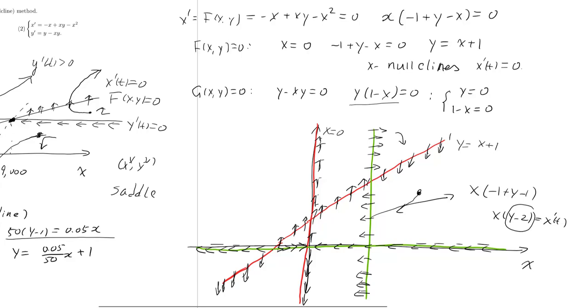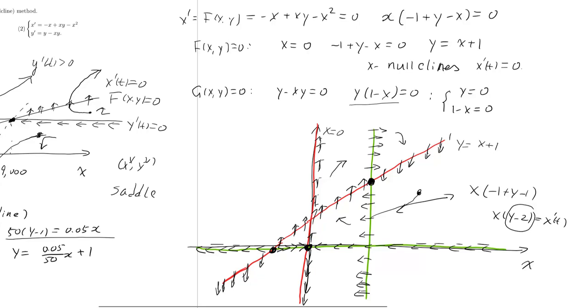If it's over here, up and right, and over here, left and up. And whenever you see the intersection of green and red lines, you have an equilibrium. So you can see this is an equilibrium, and here is another one, the origin, and here you have another one. And we can determine the stability by drawing arrows around it.